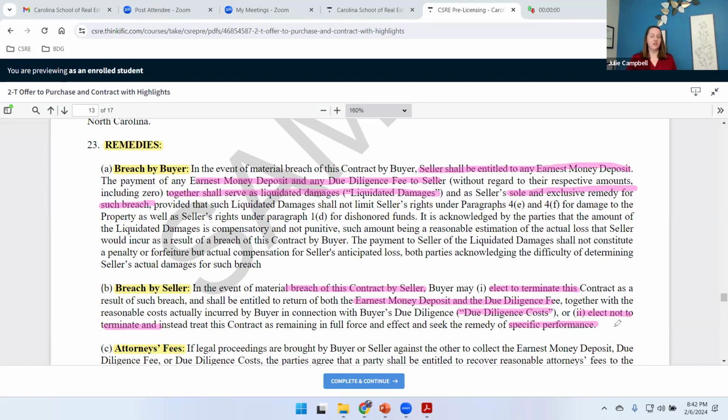If I were a buyer's agent, of course, we'd be talking to attorneys. But I think my question would be, why did the seller breach? If they are, for whatever reason, unable to provide clear marketable title, then going after them for specific performance may not be an option. They can't provide that clear marketable title. Does that make sense? So the buyer may just have to get their money back.